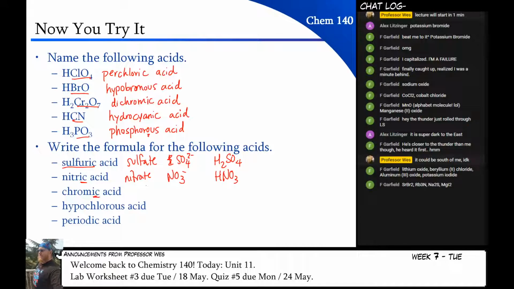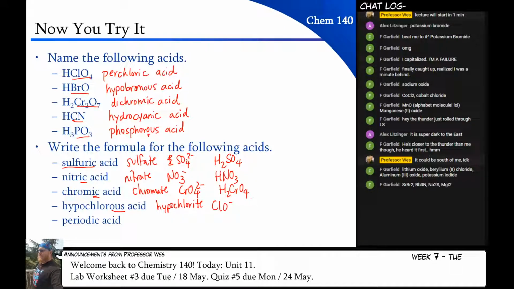Again with ic, so this is chromate. Chromate is this, according to the chart, so that would be chromic acid. Hypochlorous acid, we've got ous, so this would be ite. Hypochlorite, which is ClO minus.